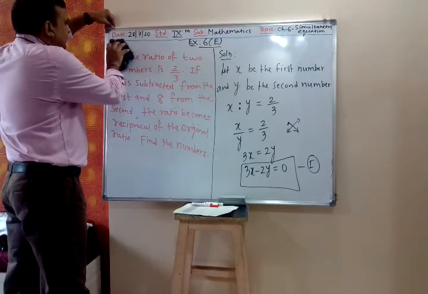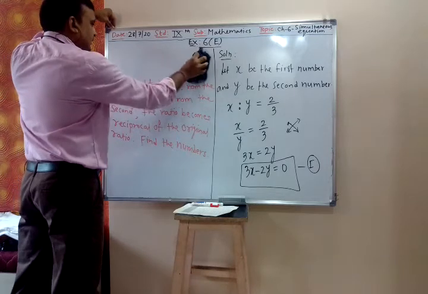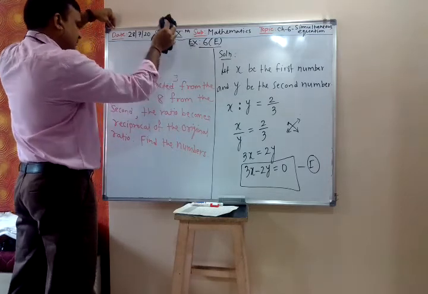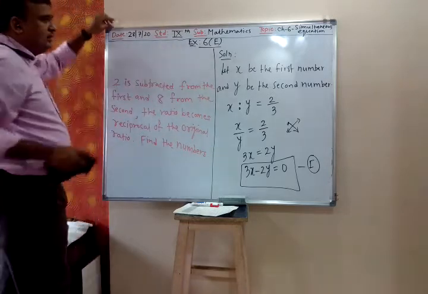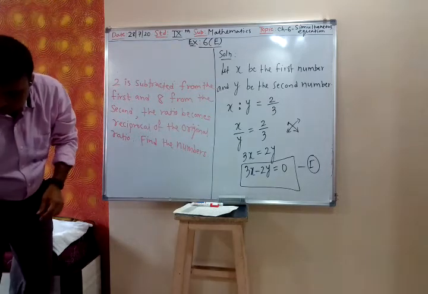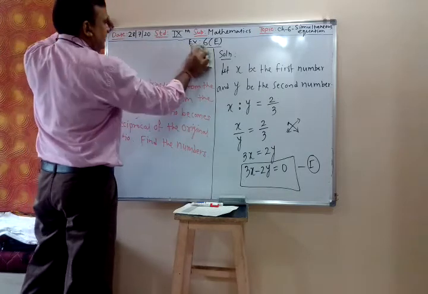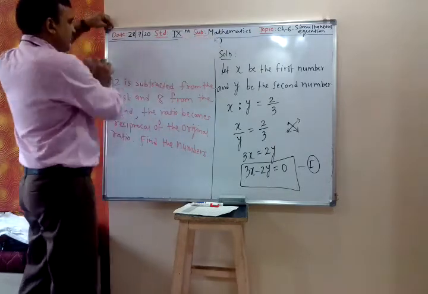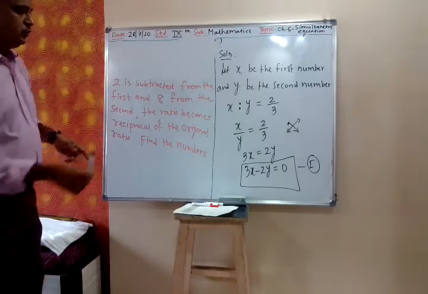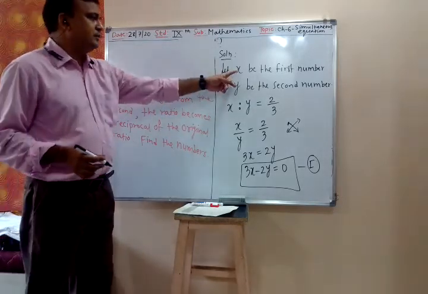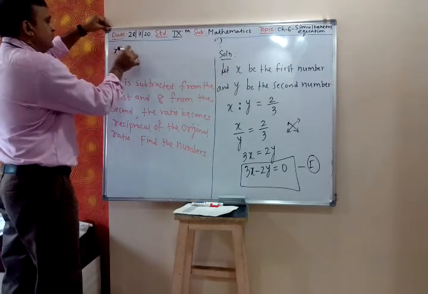Now what is given further? The ratio of two numbers is 2/3. That was the first condition given. Now what is the second condition given in this? If you read the question further, if 2 is subtracted from the first number, the first number is x, so x minus 2.